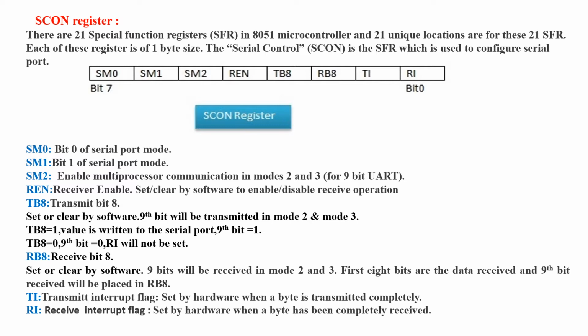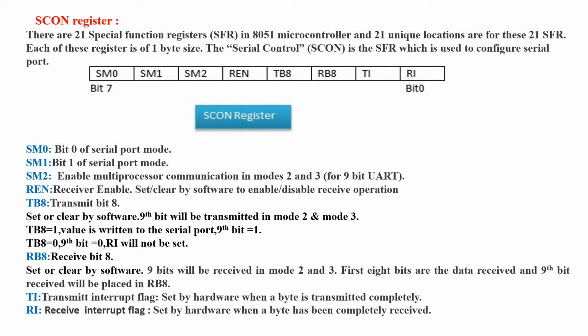When TB8 is 0, the 9th bit is 0 and the receive interrupt will not be set. RB8 is receive bit 8. Again it is set or cleared by software. The 9th bit will be received in mode 2 and 3. The first 8 bits are the data received and the 9th bit received will be placed in RB8.